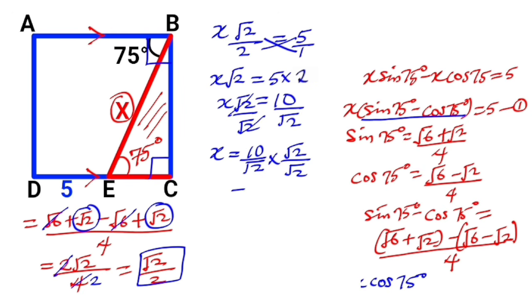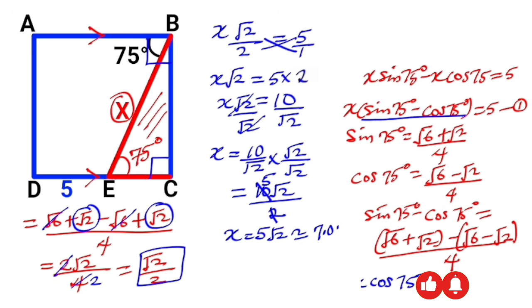And this will give us 10 times the square root of 2 divided by 2. 10 divided by 2 is 5. And we are left with x is equal to 5 times the square root of 2, which is approximately 7.07.